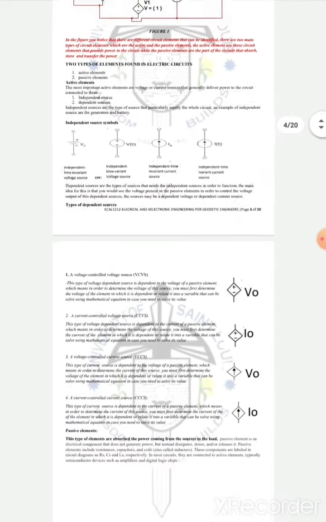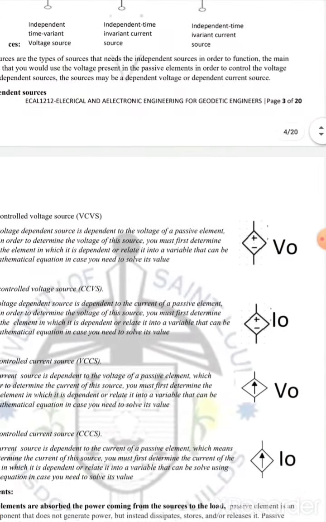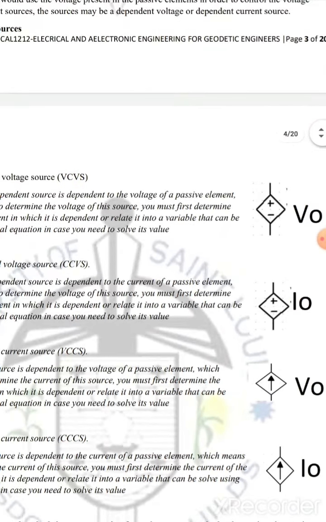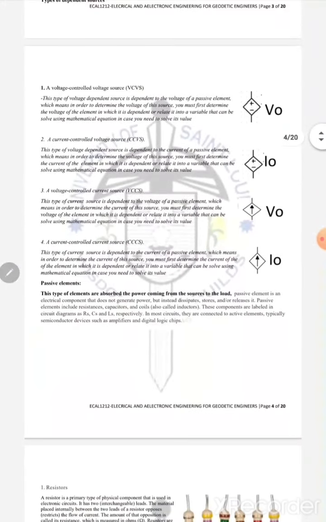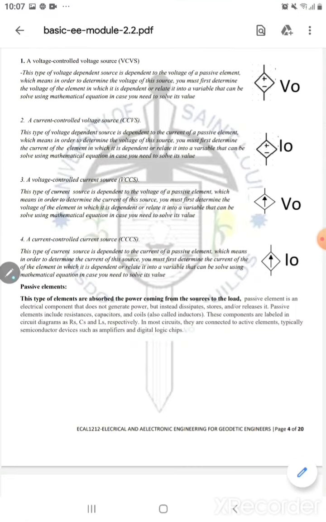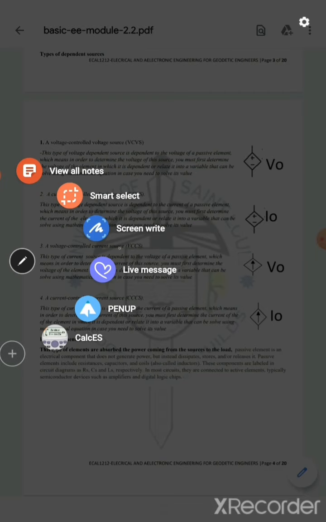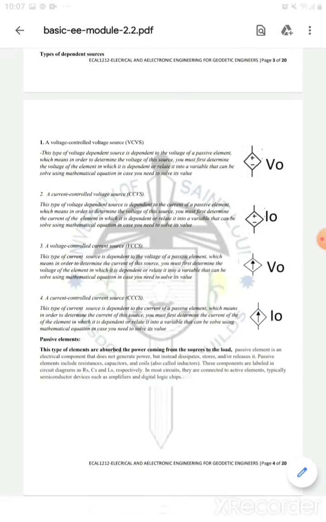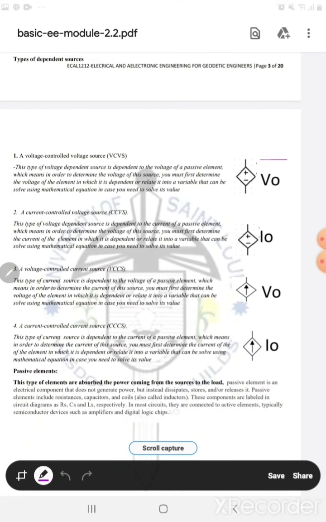So, example natin, let's say VO yan, meron ka ngayong, sabihin natin, active element dito. So, susulatan ko siya. Let's say this is your dependent voltage source.